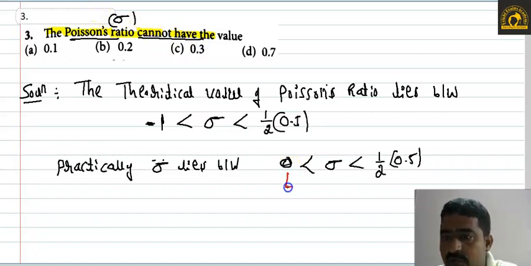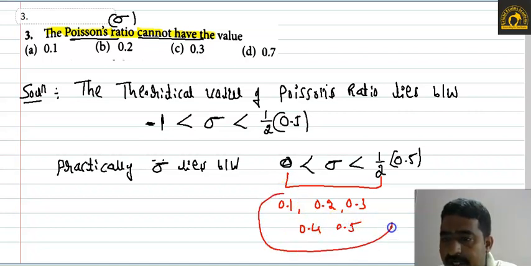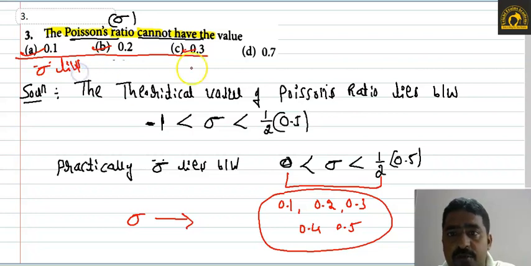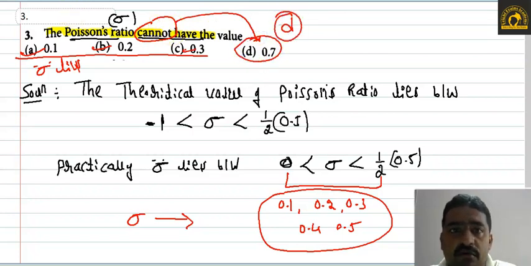So 0 to 0.5 means 0.1, 0.2, 0.3, 0.4, up to 0.5. These are the values Poisson's ratio can take. The question asks which value it cannot be, so cannot means 0.7. Option D is the right answer for this question.